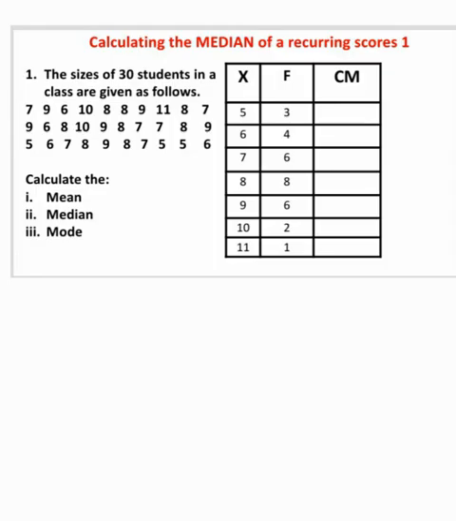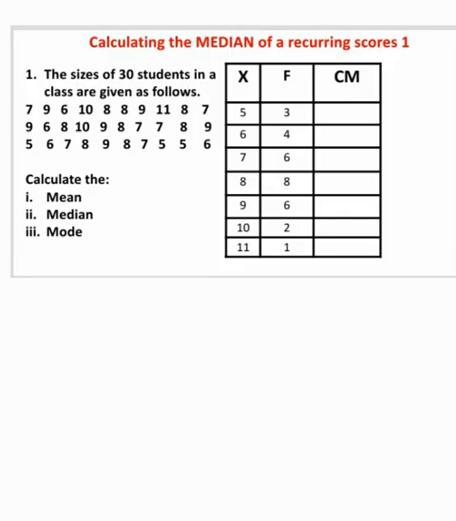For us to calculate the median, we can either arrange this in ascending order of magnitude or descending order of magnitude and strike out or eliminate from either side, just like we did in the first set of questions. And for this one, because the data is extremely large, we can use the table to determine the median.